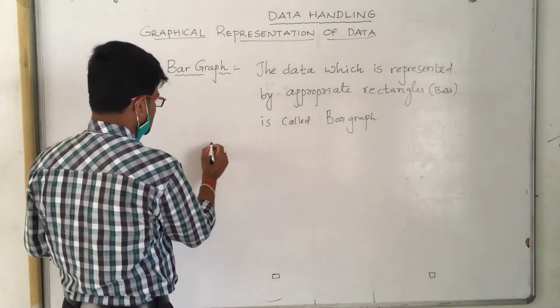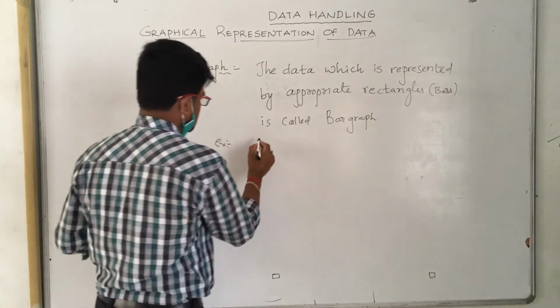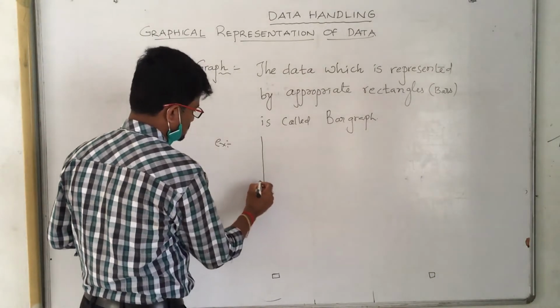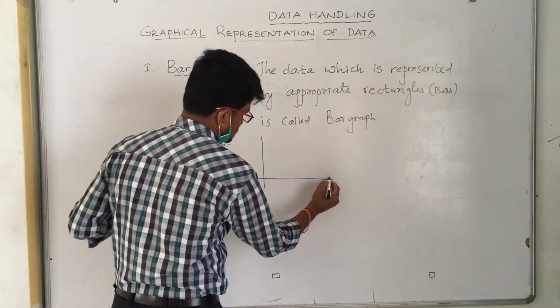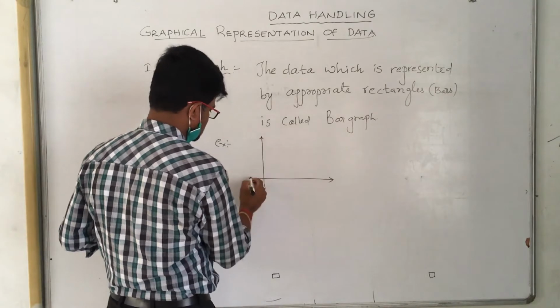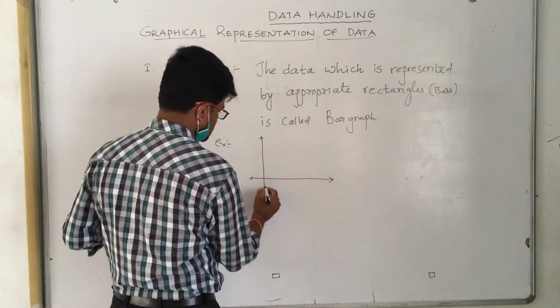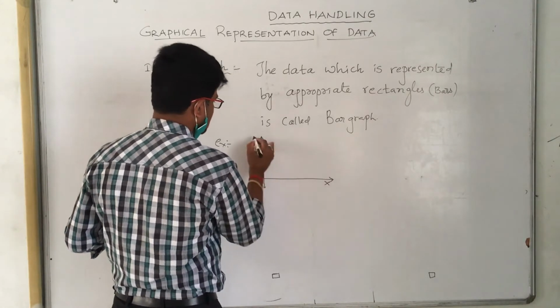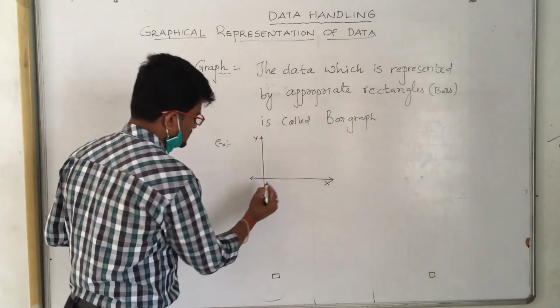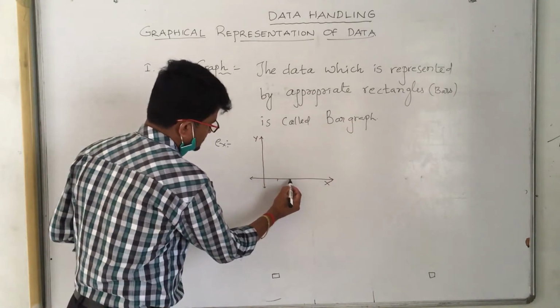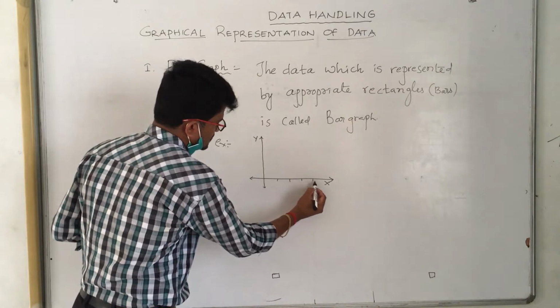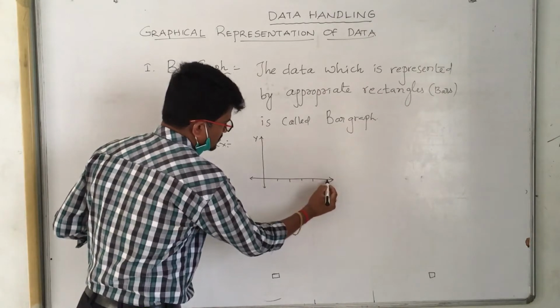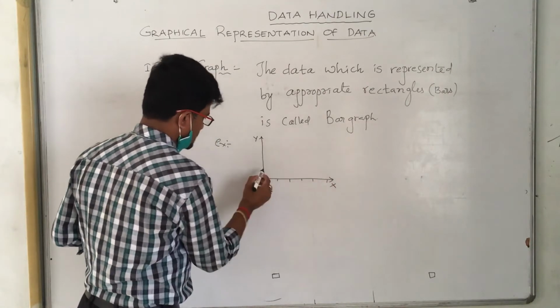First one, example. Here this is x-axis and here it is y-axis, and you can divide the x-axis like this, and here also.